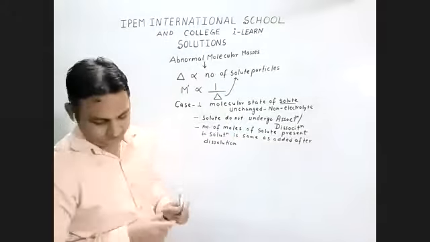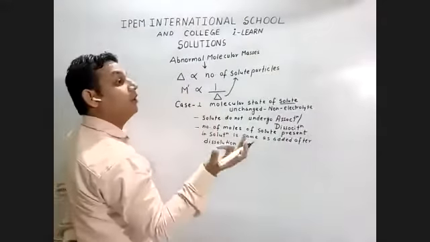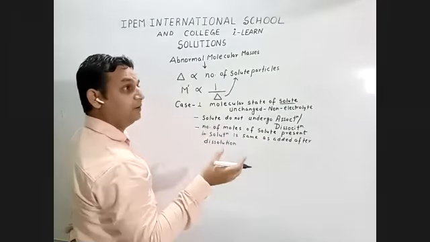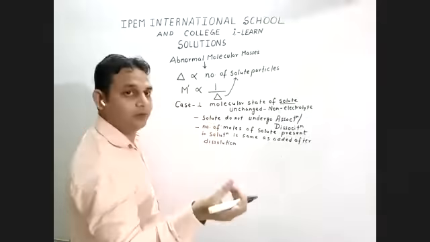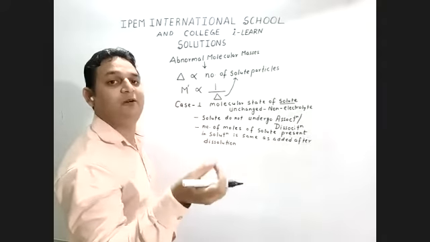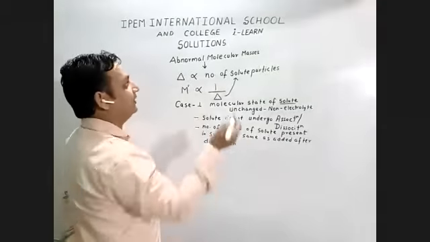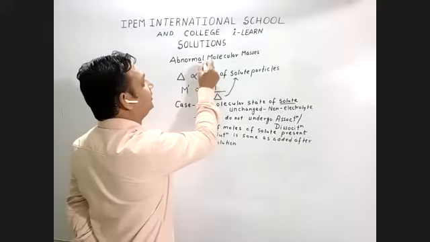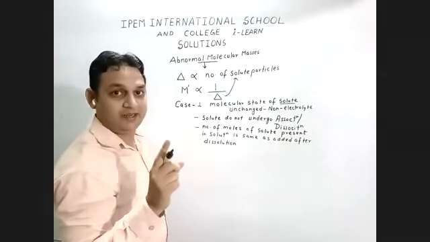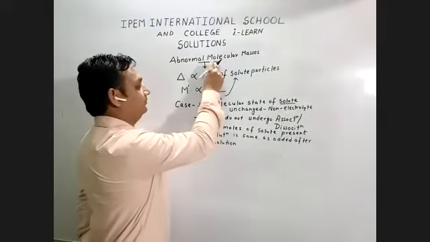All right. So what will be the effect on molecular masses? The molecular masses obtained on the basis of colligative property will be the same as obtained from its chemical formula. I have told you that abnormal molecular masses obtained from colligative property and from the chemical formula will be different.